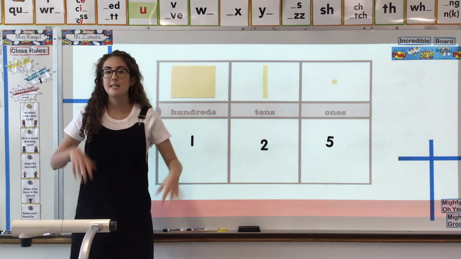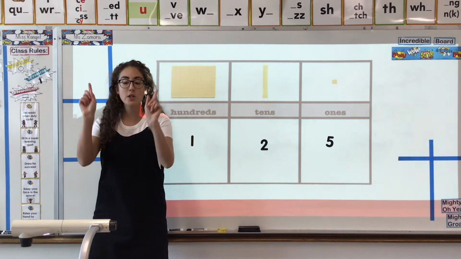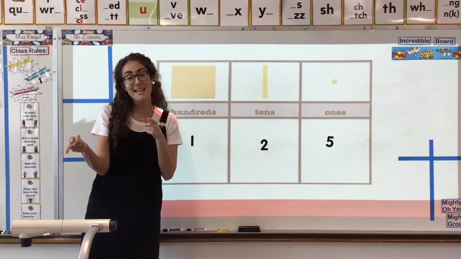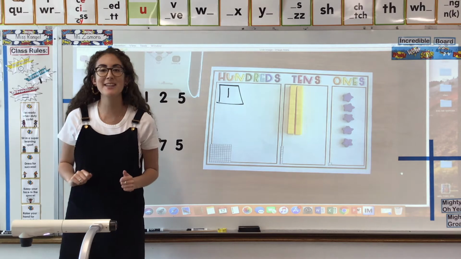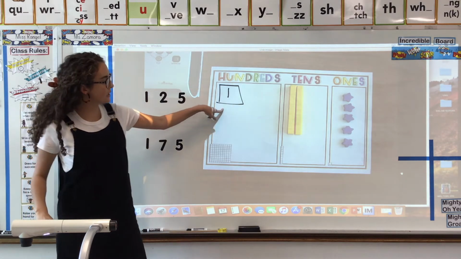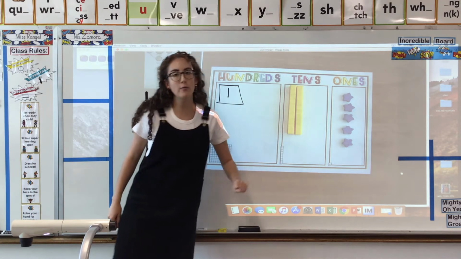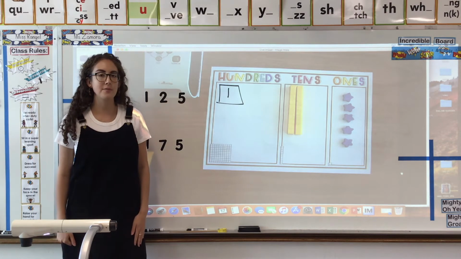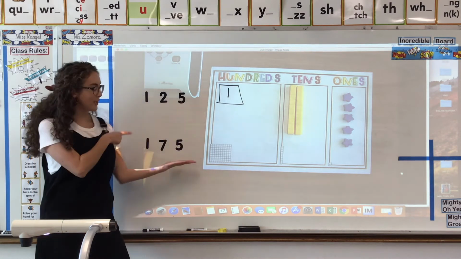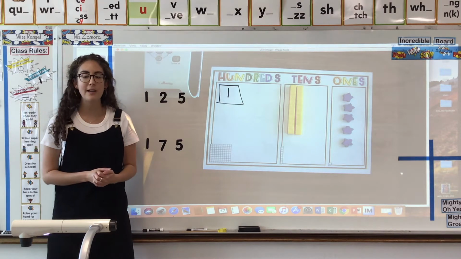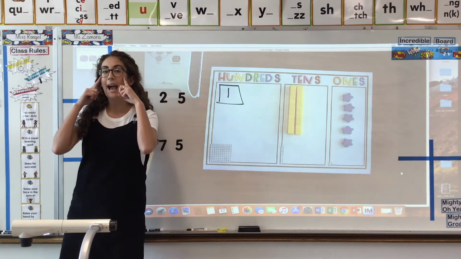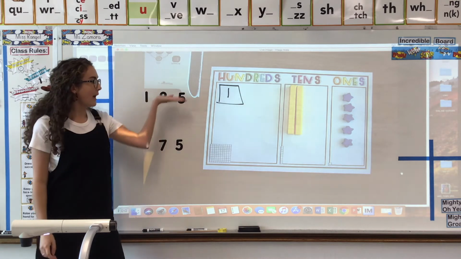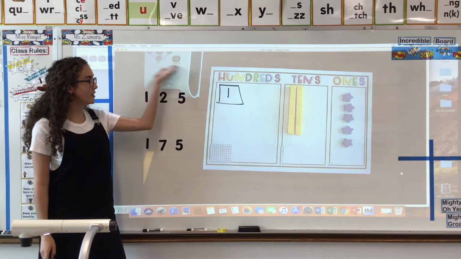So, to see how this works, we are going to look at our hundreds chart real quick. So, let's see. Okay, so up here I have 100, 2 tens, and 5 ones. Our example number 125. And we are going to skip count to 175. And we are going to see how we're going to change the tens place. So, how many tens are in 125?